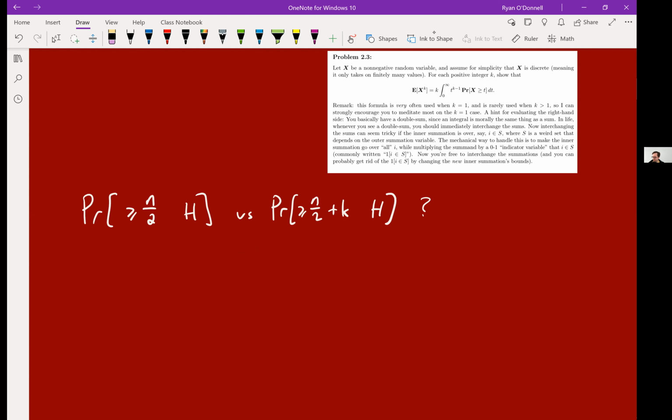Let's have a random variable. What should we make the random variable be? I guess just the sum of the coin flips. Maybe normalized. So normalized or not normalized?